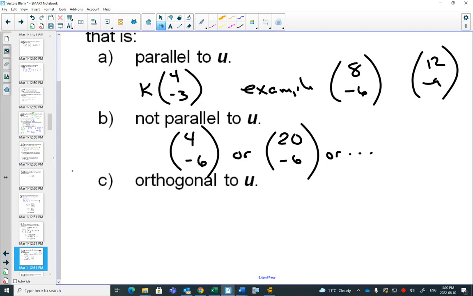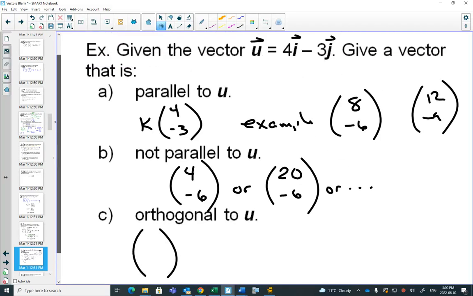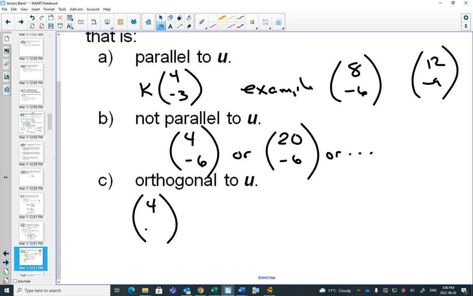Orthogonal to u, now we can use the dot product, because we need something so that the original one is 4, -3, dot product with something in here to equal 0.